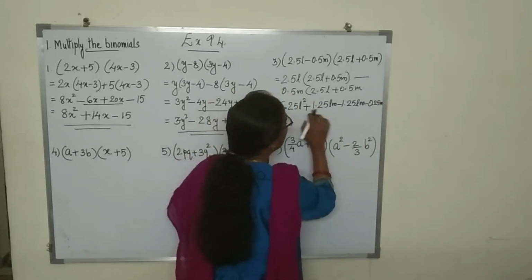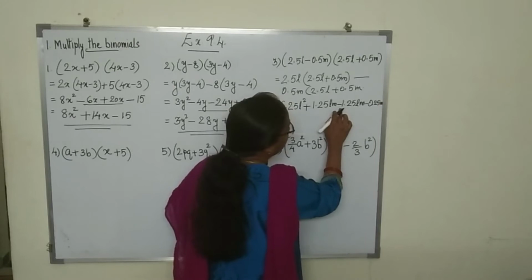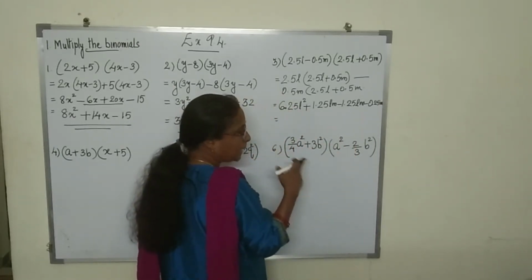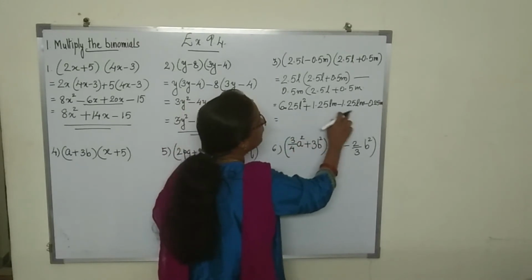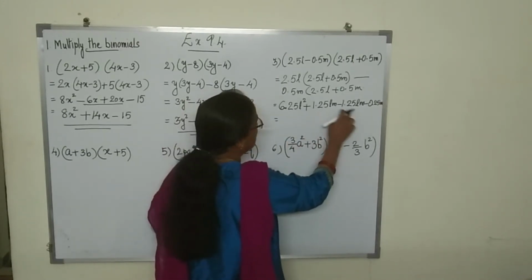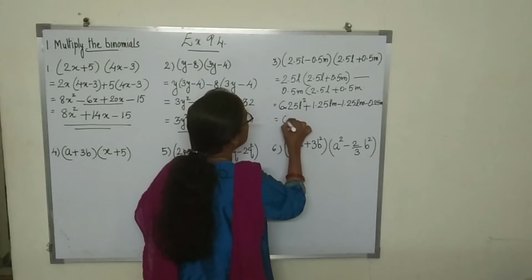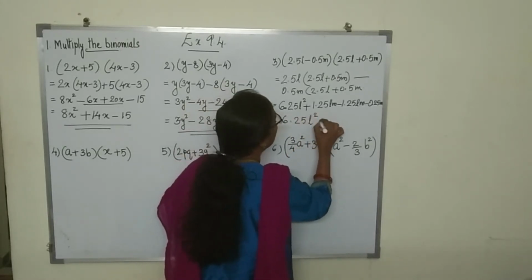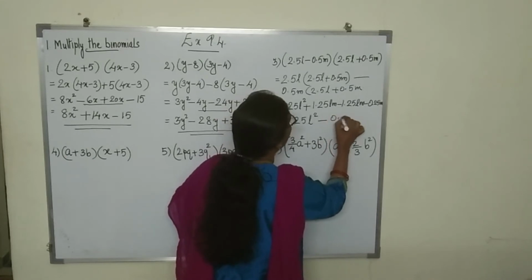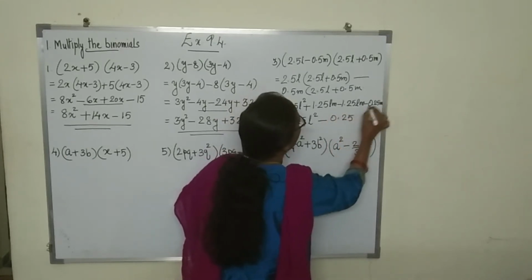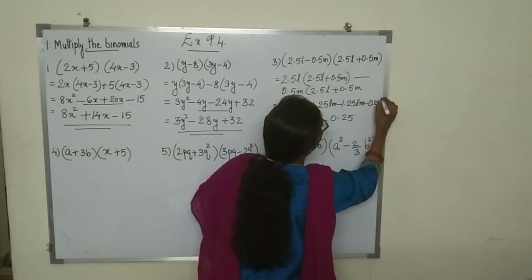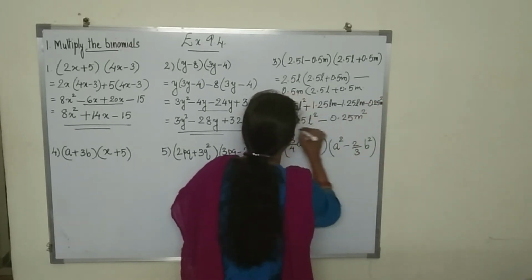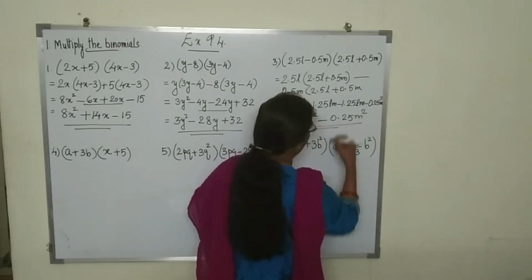Here 1.25 LM minus 1.25 LM: both have the same coefficients with different signs, so it will become 0. So the answer is 6.25 L square minus 0.25 M square.